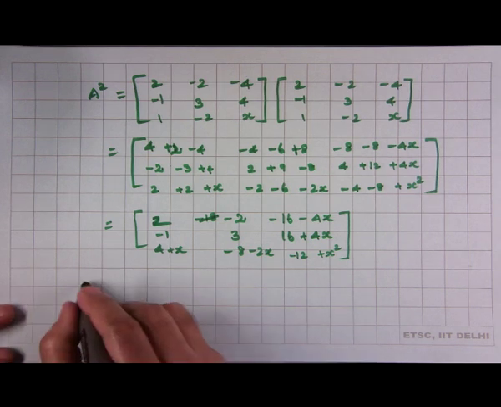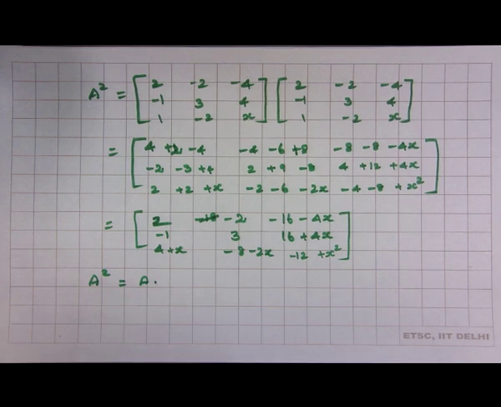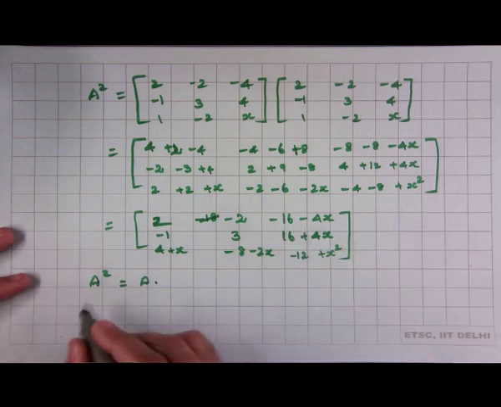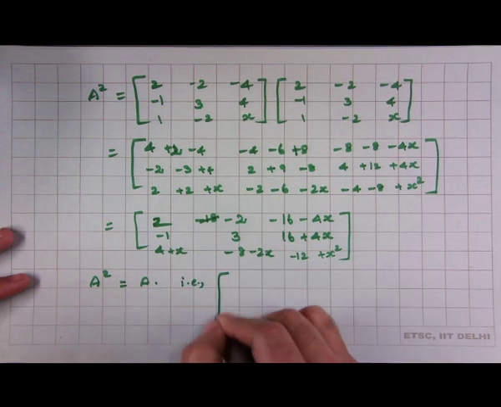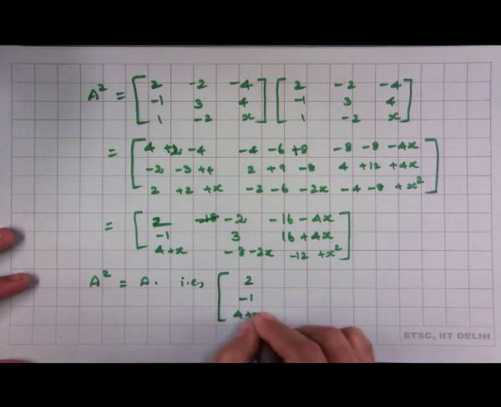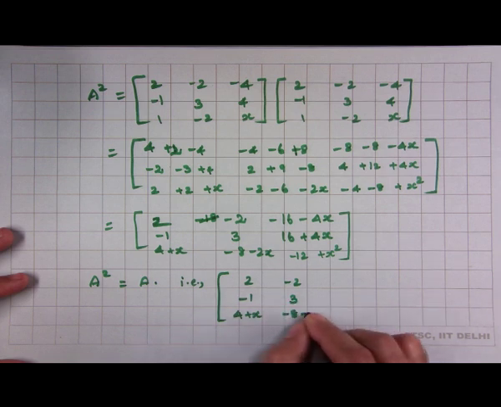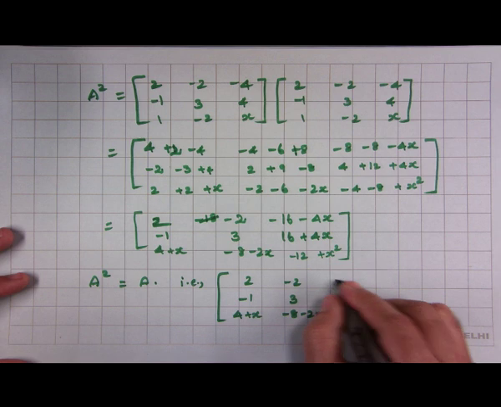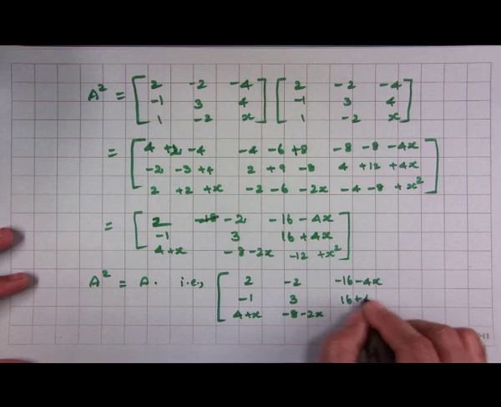What is given is that A square equal to A, right. What is given is that A square equal to A. So, that means what do we have, that is 2 minus 1 4 plus x minus 2 3 minus 8 minus 2x minus 16 minus 4x 16 plus 4x minus 12 plus x square.